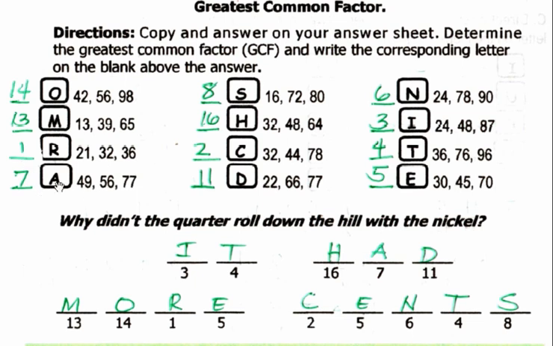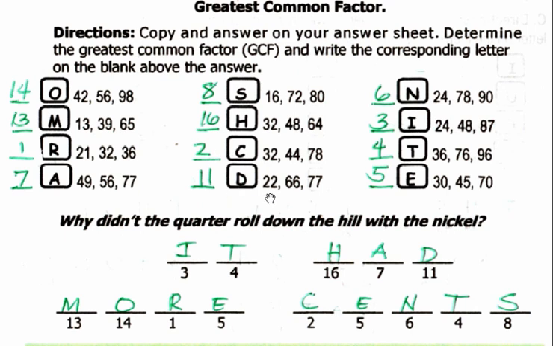For box A, 49, 56, and 77, the greatest common factor is 7. For box S, 16, 72, and 80, the greatest common factor is 8. For box H, 32, 48, and 64, the greatest common factor is 16. For box C, between the numbers 32, 44, 78, we have 2 as the greatest common factor.